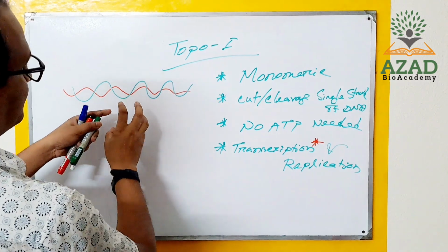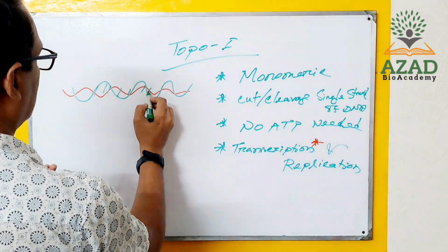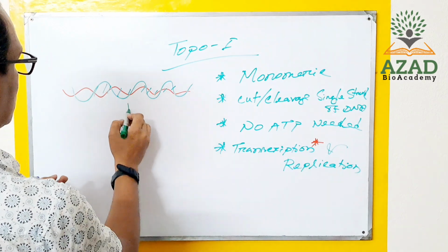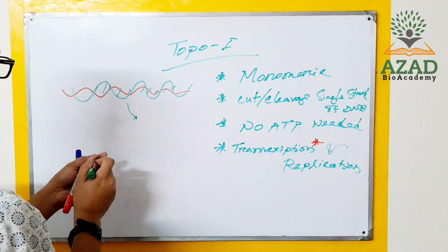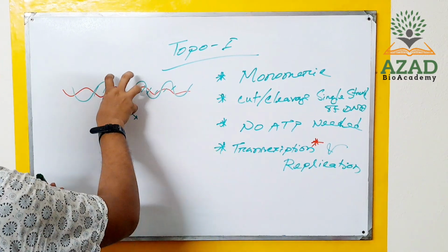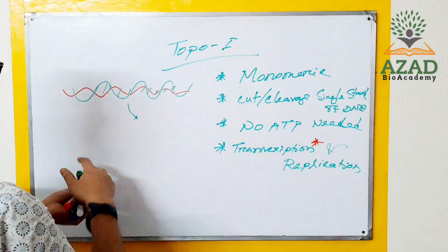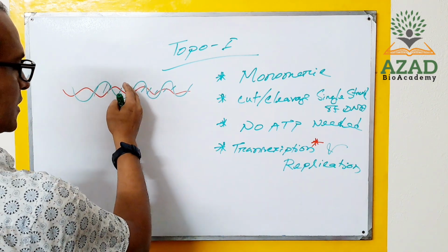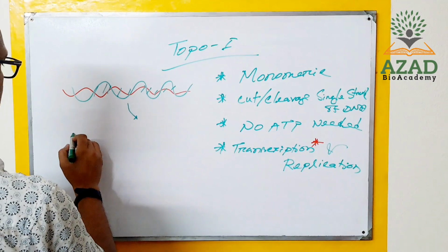And if some particular gene is to be transcribed into mRNA, so that part will be transcribed. So what will happen? A transcription bubble will form. Some polymerase enzyme will bind, and it will form a transcription bubble. Okay, so now how will it form a transcription bubble?